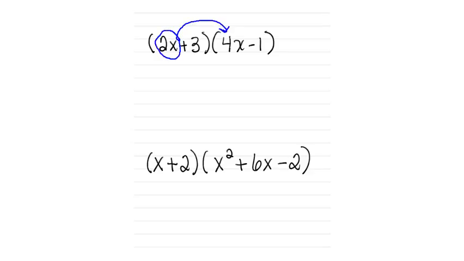And again, I'm going to set it up showing my distributing, what I'm distributing, where it's got to go. 2x times 4x, 2 times 4 is 8, number to number, letter to letter, x times x is x squared. 2x times a negative 1, 2 times a negative 1 is a negative 2, and the x.